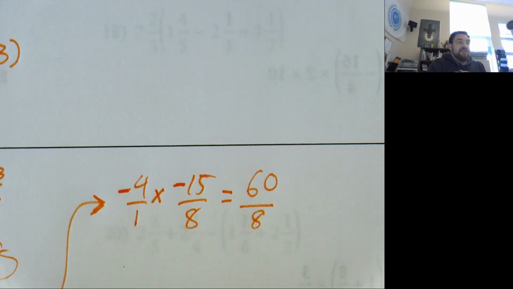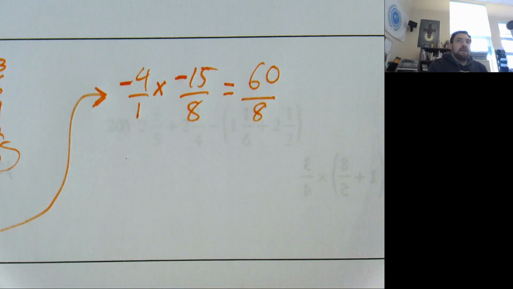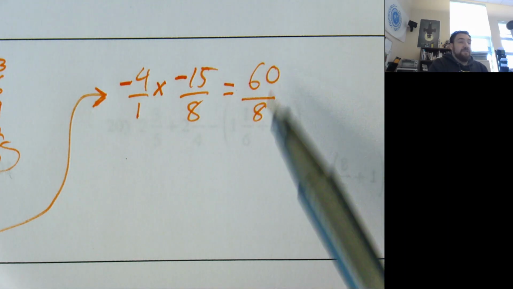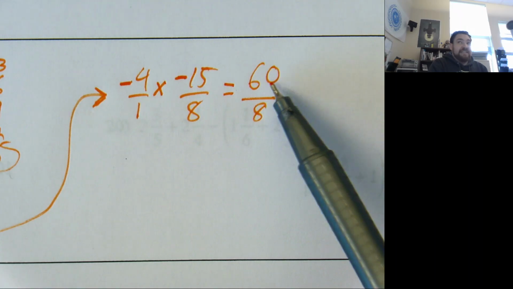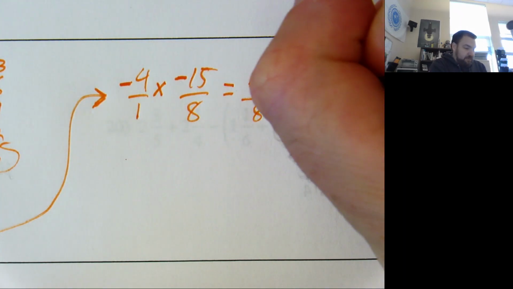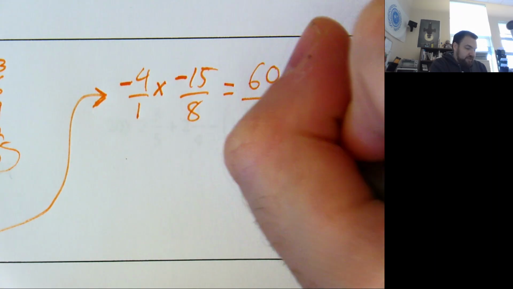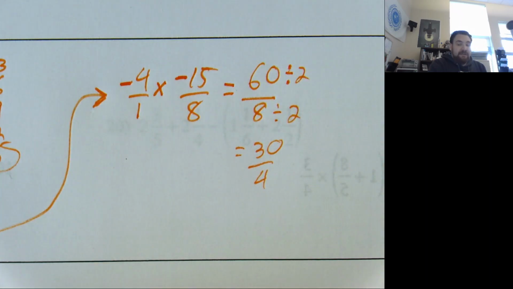There is a simplification we could have made here, which if you want to see, I can show it to you in a second. But now we're going to finish this. 60 and 8 are both divisible by 2 because they're even. So that's 30 over 4. Are we done? Let's keep going.